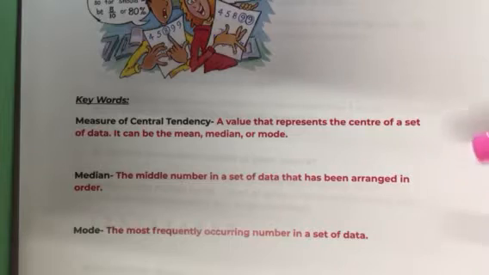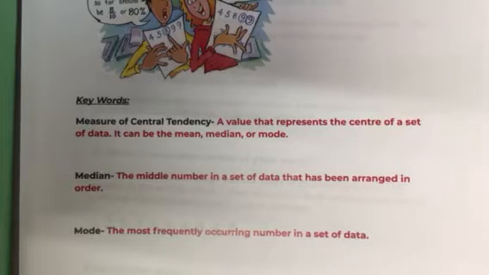You can have no mode, so if nothing occurs more than another, there's no mode. If you have two values that have the same amount of each, then both are the mode. So you can have no mode, one mode, or many modes.